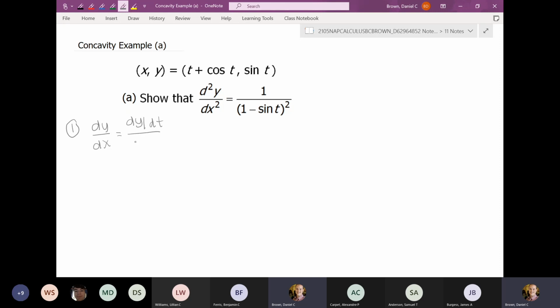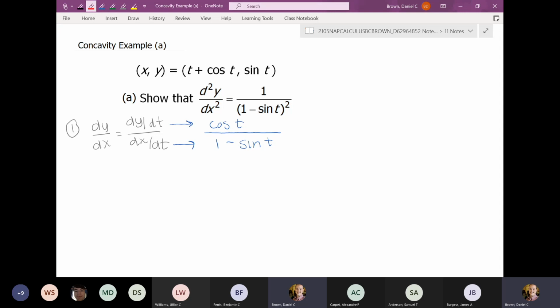First derivative is the easier one to find because you just want to take the derivative of y with respect to t and then the derivative of x with respect to t. dy/dt, making sure you choose the y, not the x. The derivative of sine is cosine. And then we have the derivative of x. That'll be 1 minus the sine of t. And again, we're taking the derivative with respect to t, so no implicit differentiation or anything like that.